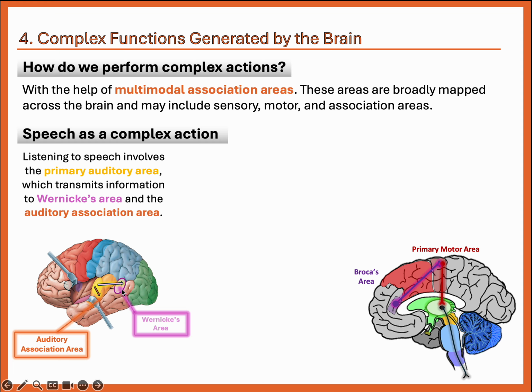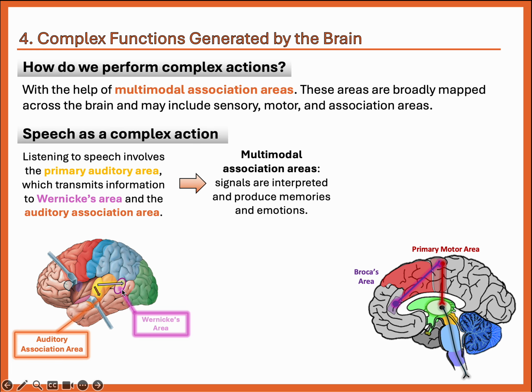But if it's language, it's Wernicke's. Then, in multimodal association areas, such as maybe in the back over here, or perhaps in the prefrontal cortex up here, there are some multimodal association areas where signals are interpreted all together.